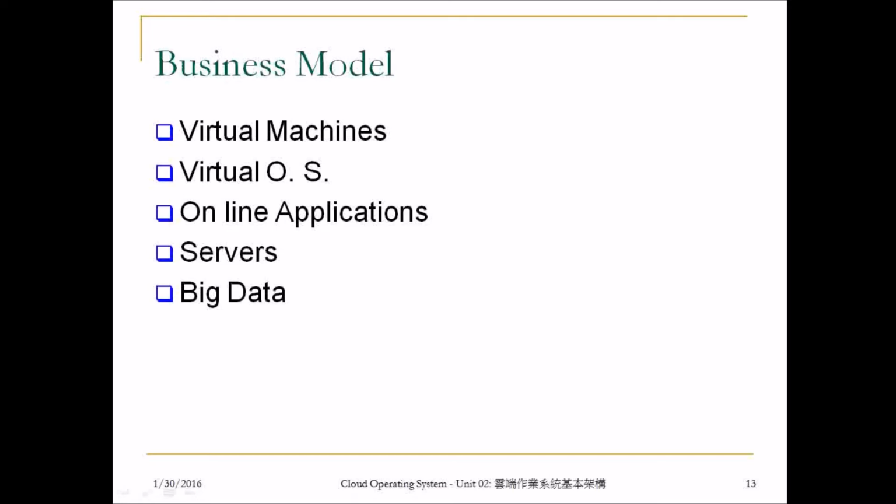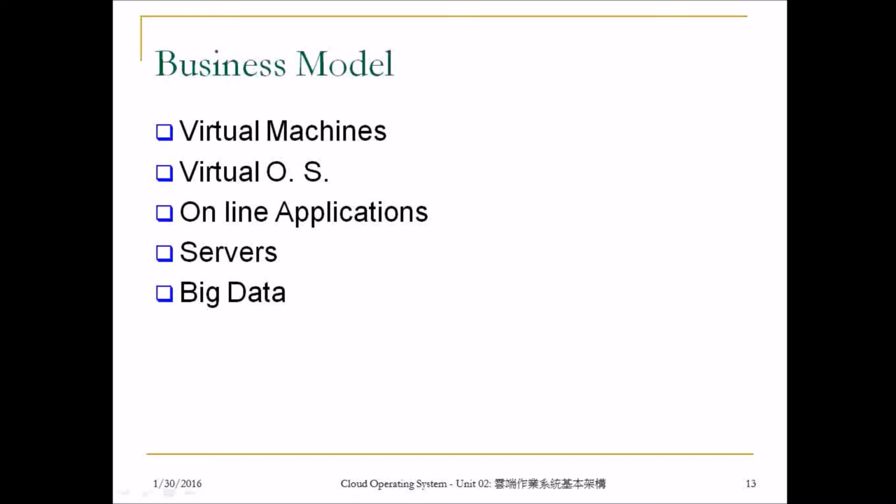Several business models for our clients. Most popular is the virtual machine service or business service for our client user. A remote client user can run the virtual machine with the computing resource it needs.